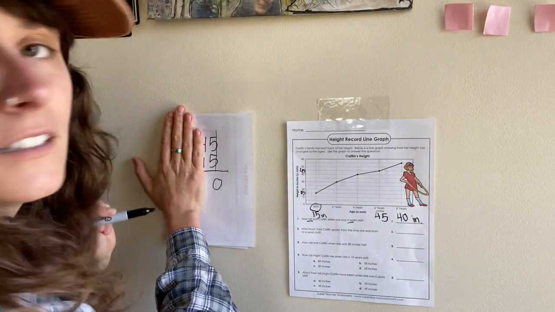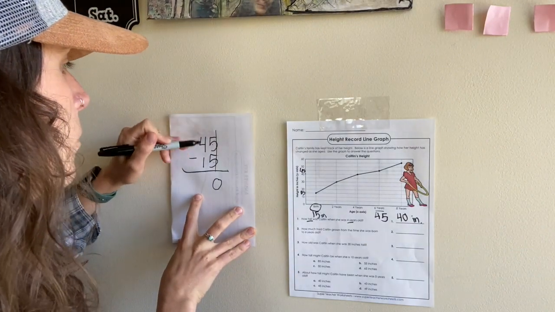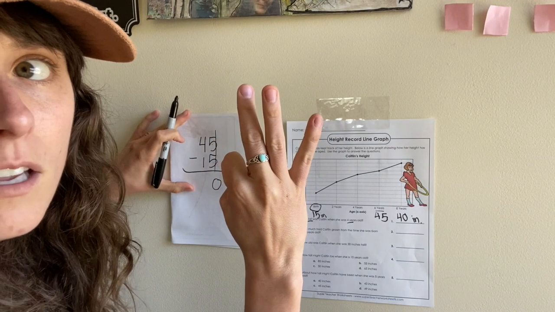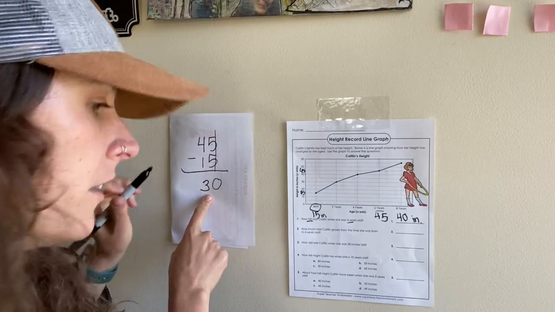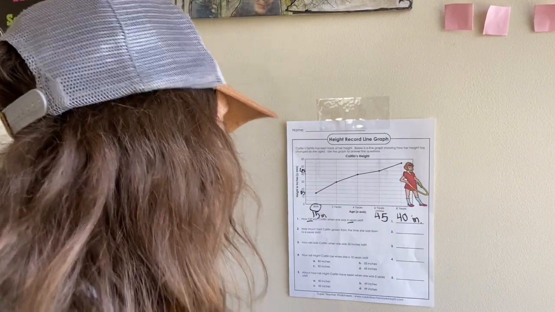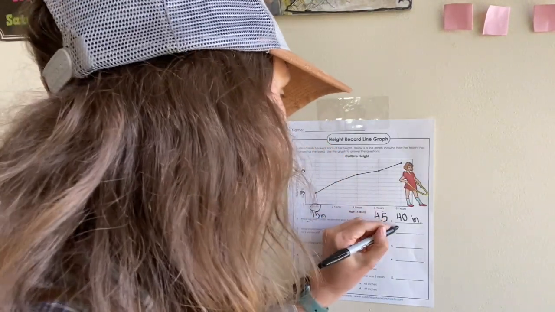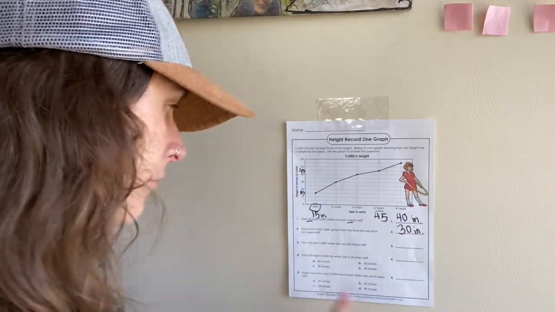We get 0. Now we're going to take 1 away from 4. So 4 minus 1 equals 3. So it looks like Caitlin has grown 30 whole inches. 30 inches is what we'll write.